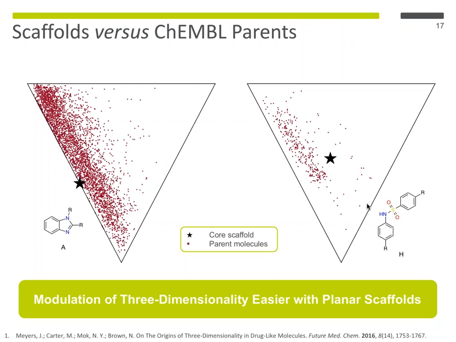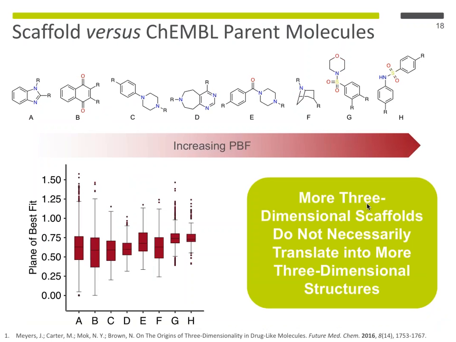So I guess one speculation, and maybe not a total conclusion here, is that we can modulate 3-dimensionality easier with more planar scaffolds and with more 3-dimensional scaffolds. However, if you look at it on the planar best fit, you can see with the box and whisker plots in the bottom left, using the same cores, we can pretty much explore a similar kind of 3-dimensionality in all of those scaffolds, regardless of the original 3-dimensionality of the scaffold.